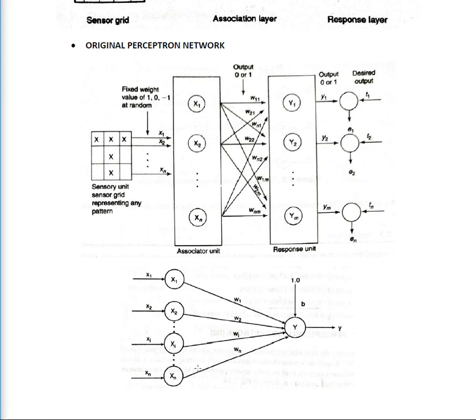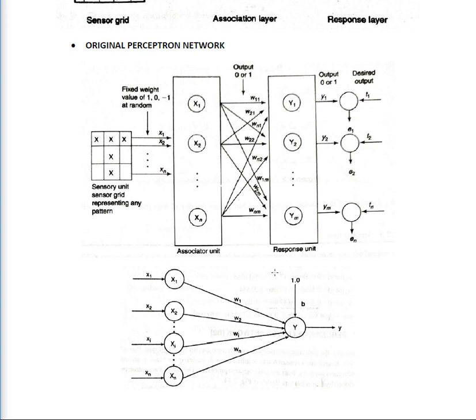Let us take this situation. x1 is multiplied with w1, x2 with w2, xj with wj, xn with wn, and b with 1. So this entire thing is summed together.